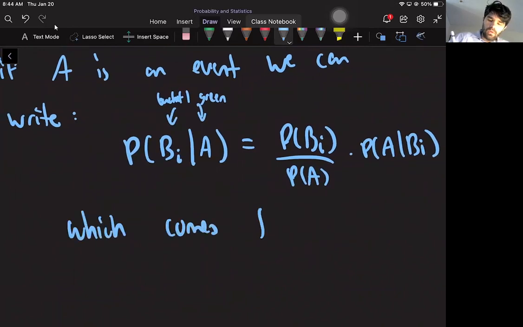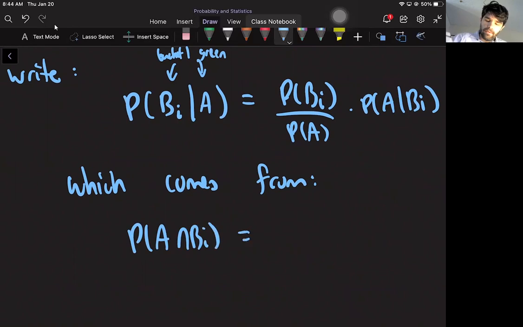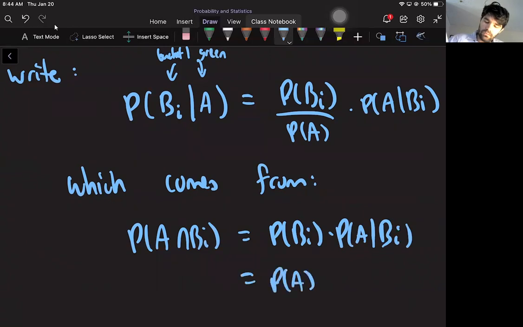Again, it really comes from using this fact, which is that you can relate the intersection to two things at the same time. And then you can just divide over.